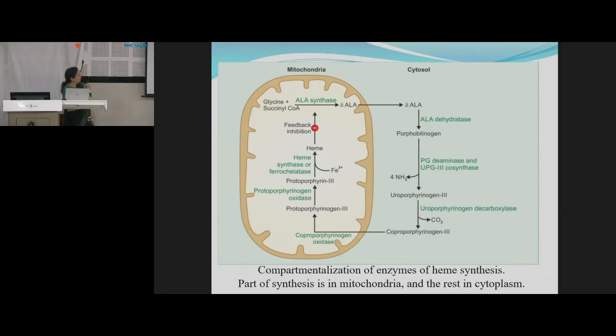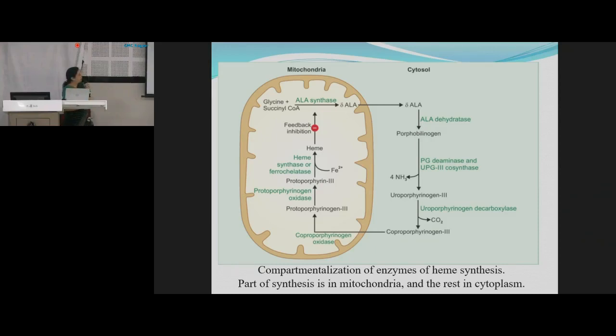Glycine condenses with succinyl-CoA in the presence of the enzyme ALA synthase to form delta aminolevulinic acid, or delta ALA. This first step of heme synthesis takes place in the mitochondria. Now this ALA enters the cytosol.